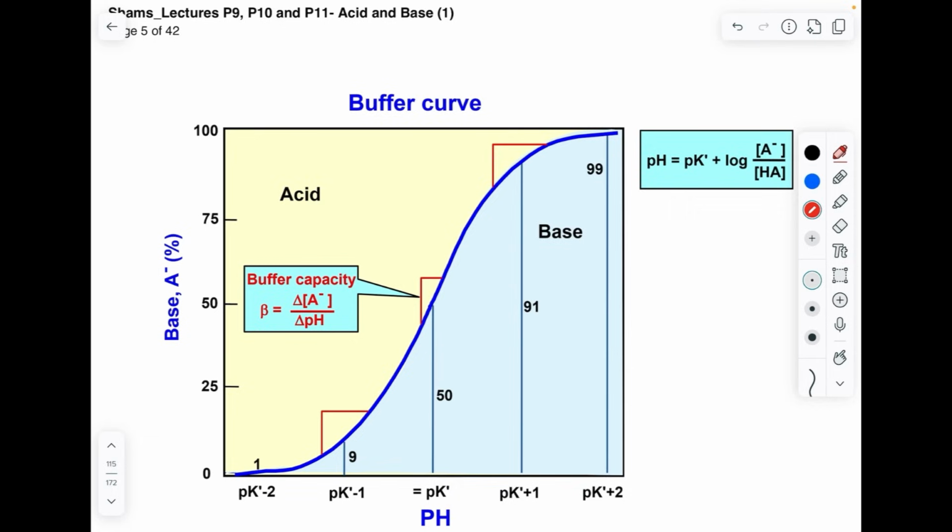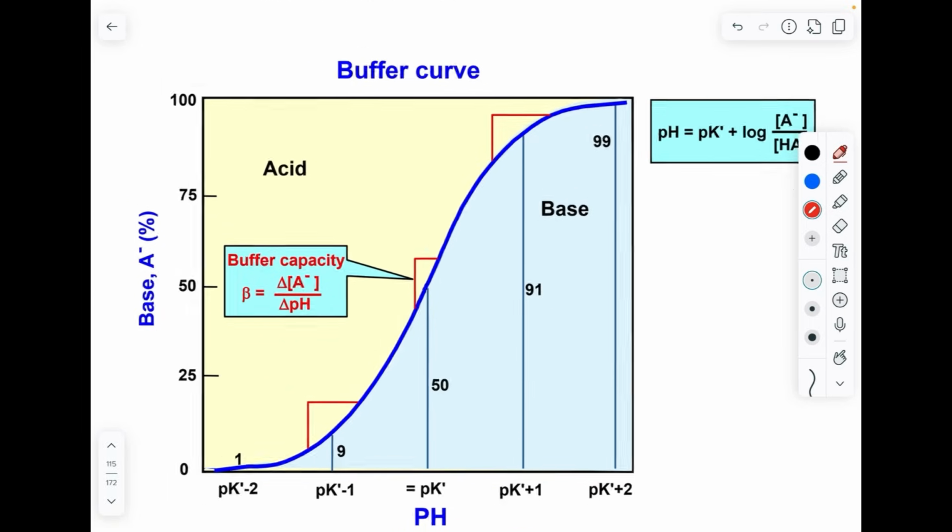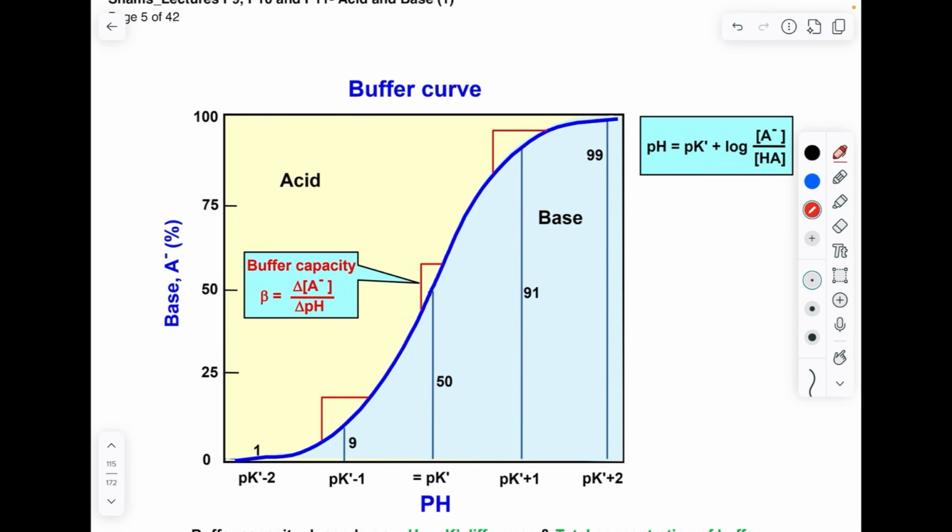Now, from this curve, what do I need you to know? Actually, I don't think the curve is that important, but just know that if you want the buffer to function well, it needs to be very close to its pK value. For example, if a buffer's pK value is 7, and the pH is also 7, then the buffer can function well.